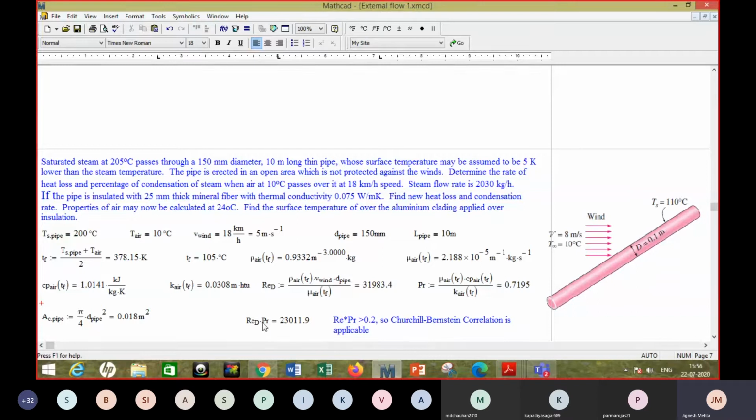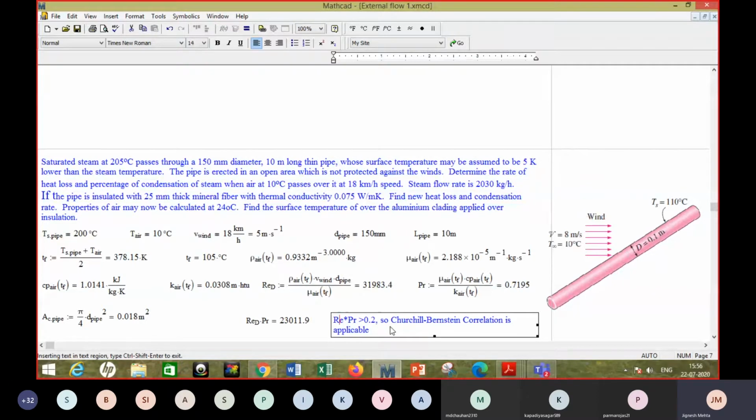So the criteria for using the Churchill-Bernstein correlation is that the multiplication of Reynolds number and Prandtl number should be greater than 0.2, right? So get the multiplication. What you get is 23,000 something. So it's much higher than 0.2. So you can very conveniently use the Churchill-Bernstein correlation here.